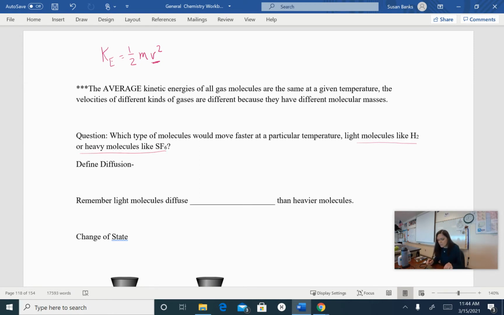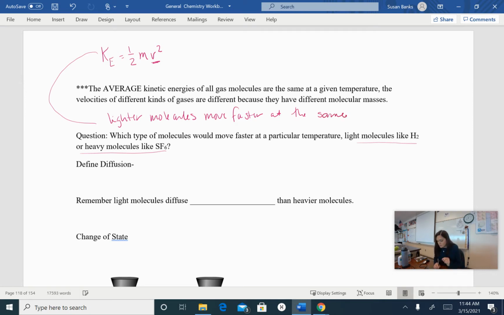Think about what we just said with the monster trucks. Yes, lighter molecules move faster at the same temperature.